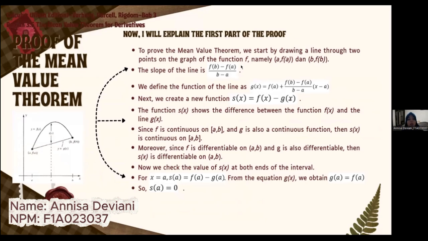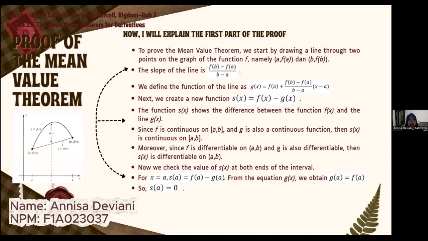Now I will explain the first part of the proof. To prove the mean value theorem, we start by drawing a line through two points on the graph of the function f, namely (a, f(a)) and (b, f(b)). The slope of the line is (f(b) minus f(a)) over (b minus a).